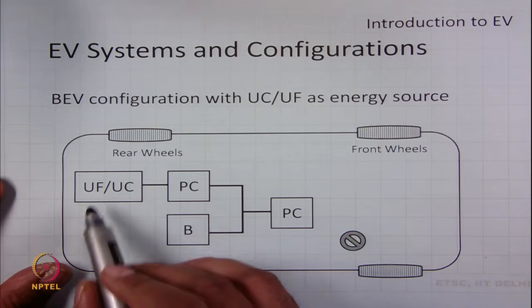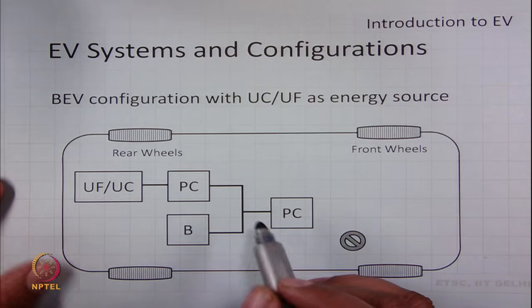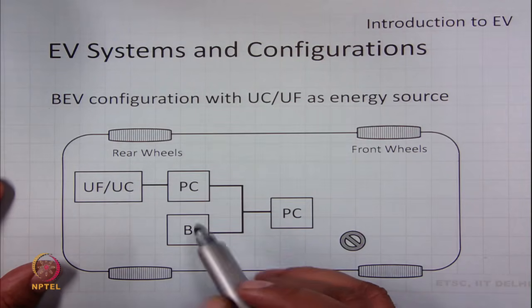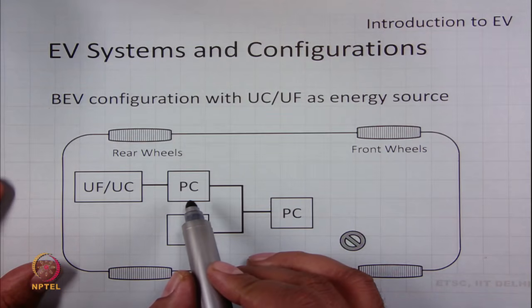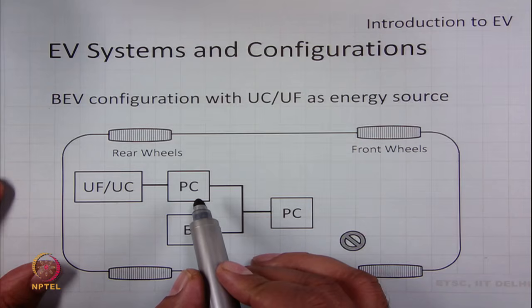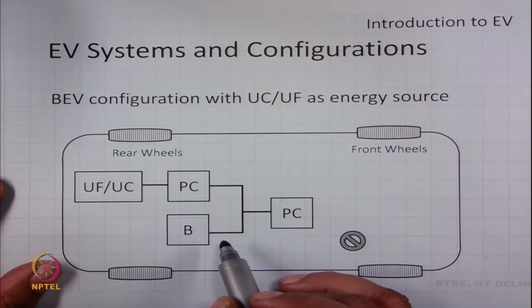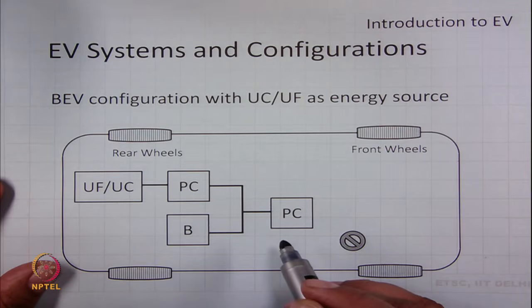We all know that these devices have high specific power and can very well support the high specific energy of batteries. These are generally low voltage devices and generally require a boost converter which has to be bidirectional, because this can be recharged quickly when power is coming back from regenerative braking.